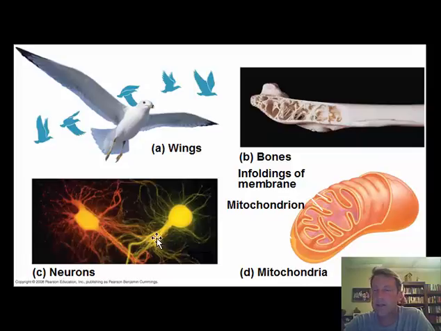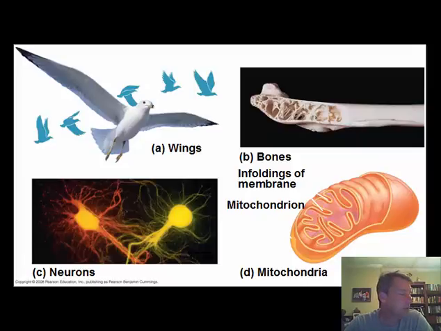And then we can see that in the neuron, the neural cells of the nervous system. They have these extensions that come off of the cell that relay these signals from cell to cell, and the design of that structure relates directly to the function of that structure. So we see that correlation between structure and function. That's a theme that we see throughout biology.